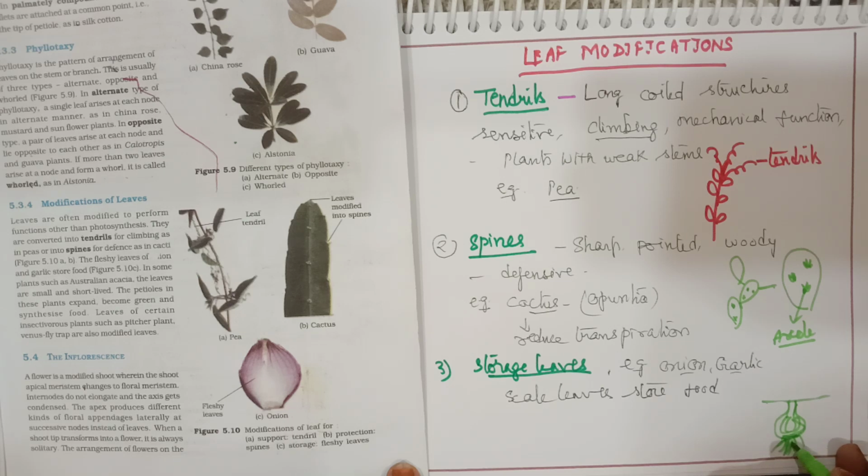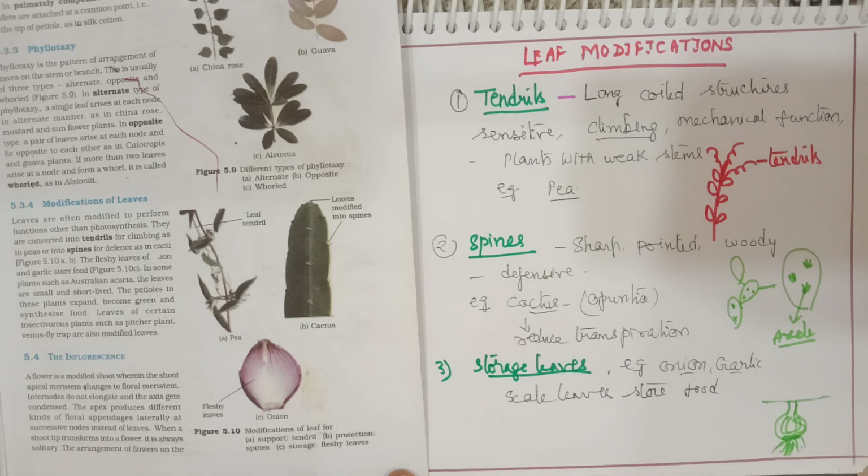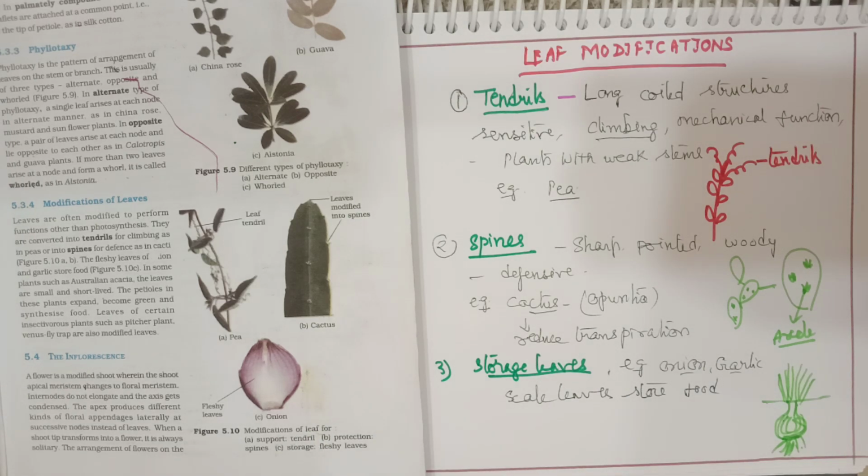From the lower side of the stem, adventitious roots develop, and on the upper side of the stem, scale leaves store food material, and they extend aerially to form the leaves. These are called photosynthetic leaves, developed above. So in garlic or even in onion, it is the scale leaves which store food material. Such leaves are called storage leaves because they help in storage of food material.